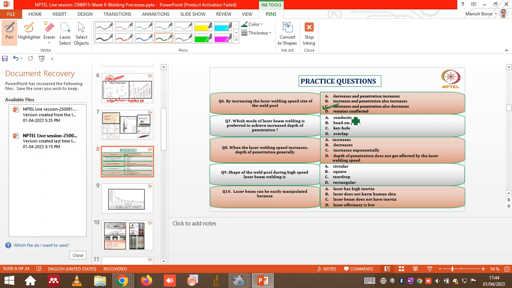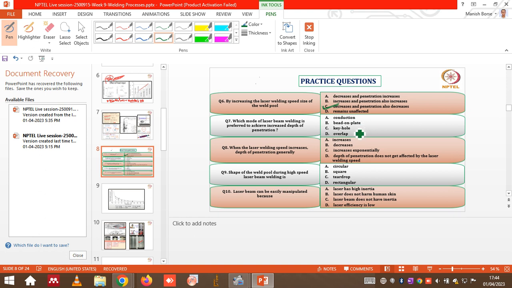There are also different treatments like surface hardening treatments, and even machining of plates can be done with the help of a laser source. Maybe we can see some numericals on that topic.